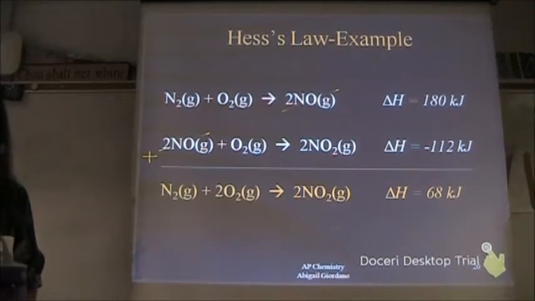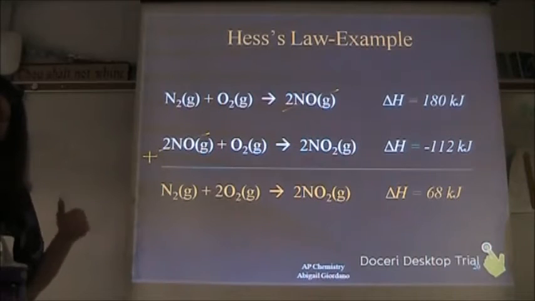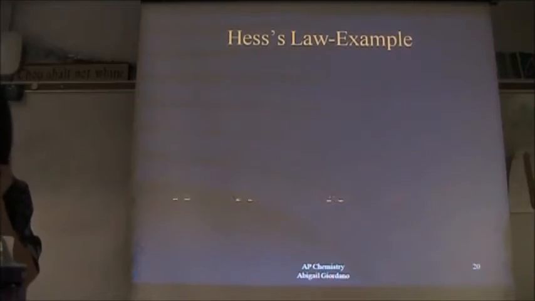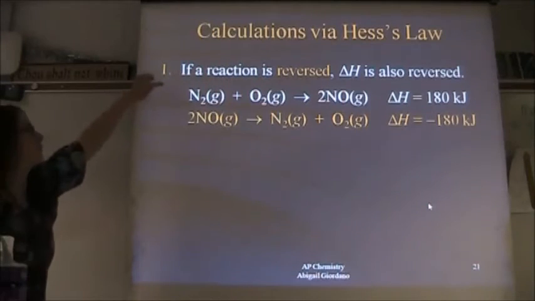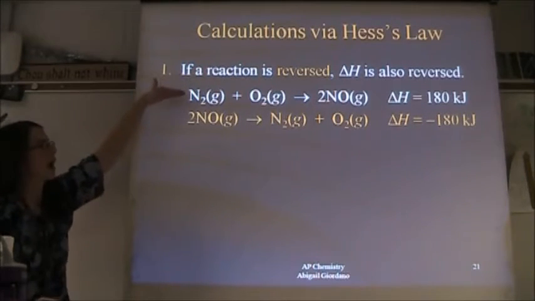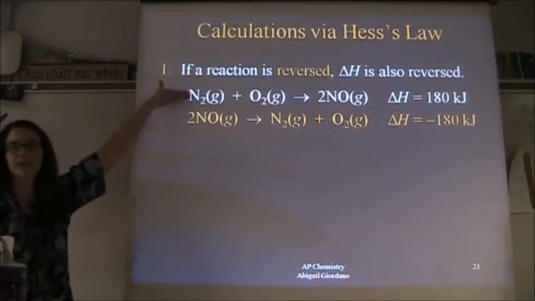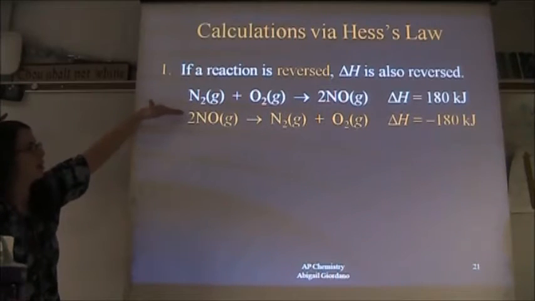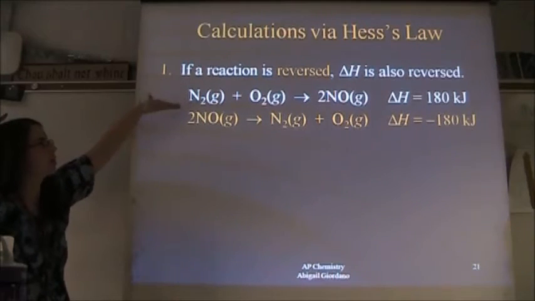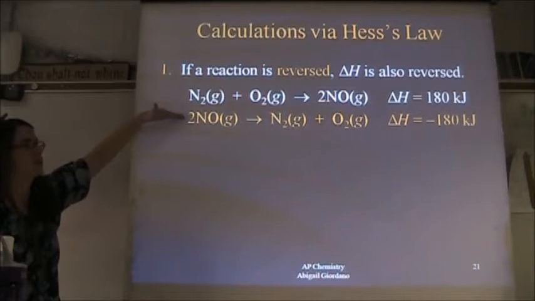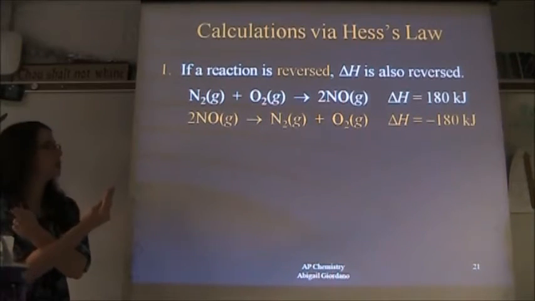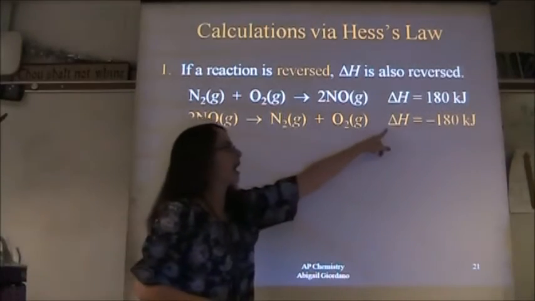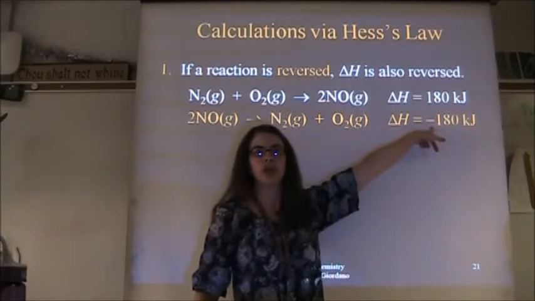Now, when I say manipulate, what do I mean by that? Well, there's basically 2 things you might have to do to an elementary step. Don't even read this. Just move your eyes from this line in white to this one in yellow. What happened from here to here? What happened to the reaction? Yeah, it got reversed. And look what happens to the enthalpy change.